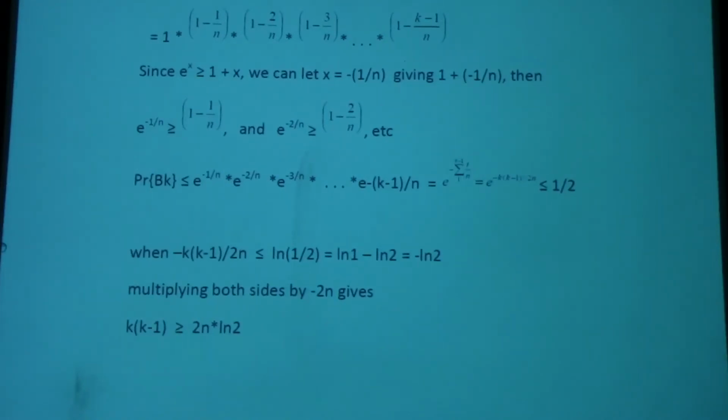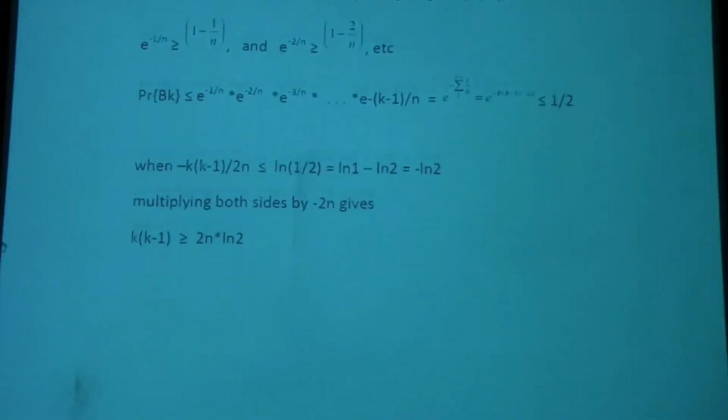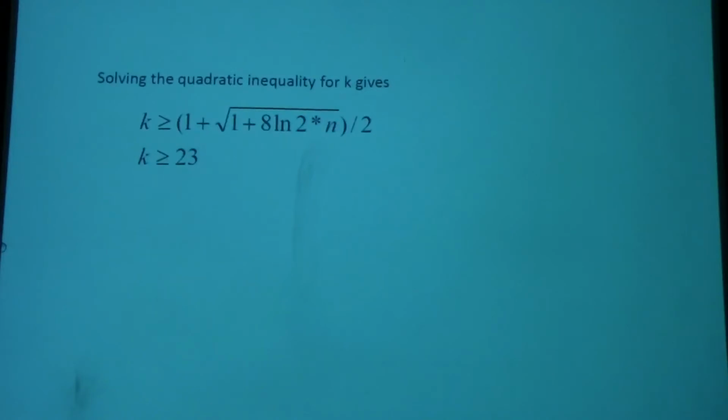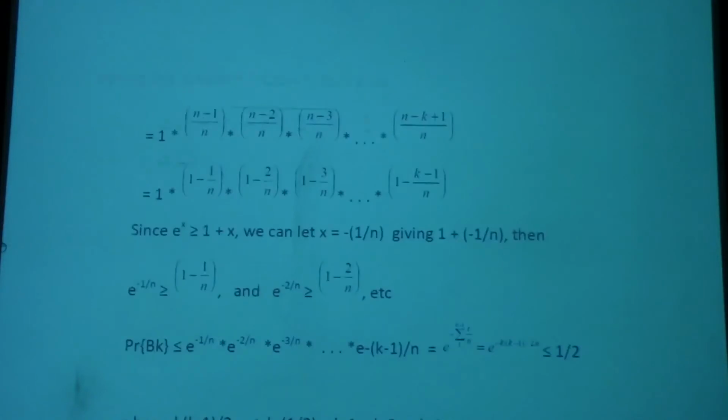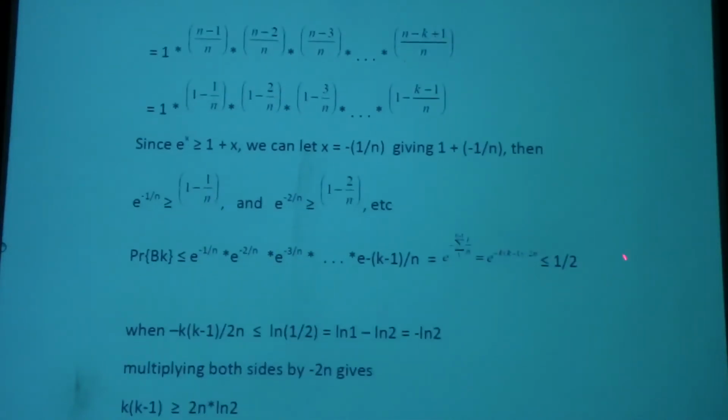Multiplying both sides by negative 2n gives us k times k minus 1 is greater than 2n times the log of 2. So now what we want to do is solve the quadratic inequality for k. And k is going to be our value of the number of people. So we want the probability to be less than or equal to 1/2.